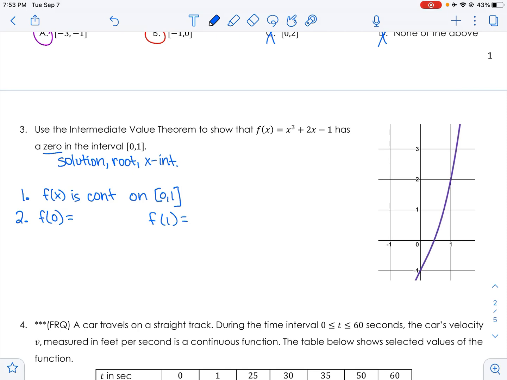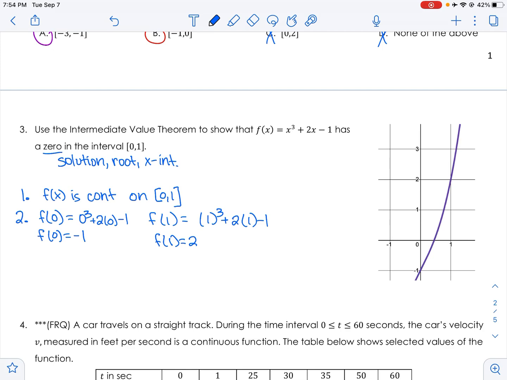So if I plug 0 into my equation, I get 0 cubed plus 2 times 0 minus 1, which tells me that f of 0 equals negative 1. When I plug in 1, I get 1 cubed plus 2 times 1 minus 1, and that tells me that f of 1 equals 2.